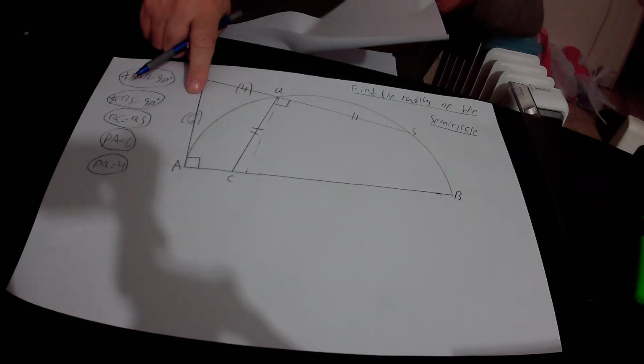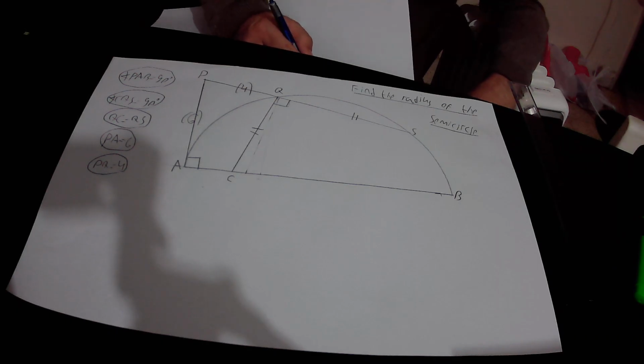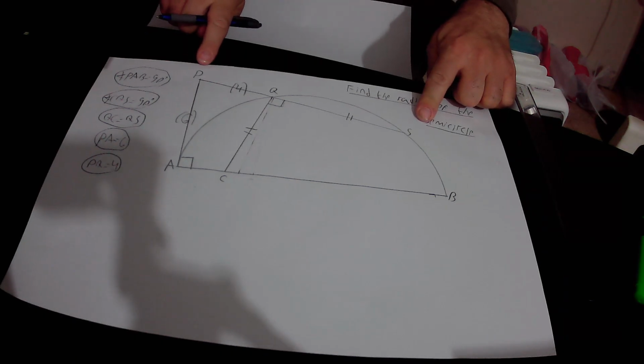PA equals 6, therefore PA squared is 6 squared, that is 36, and it equals PQ, which is 4, times PS. What is the length of PS? PS in total equals PQ plus QS. That is to say, PS equals PQ, that is 4, plus QS. So in total, PS equals 4 plus QS.